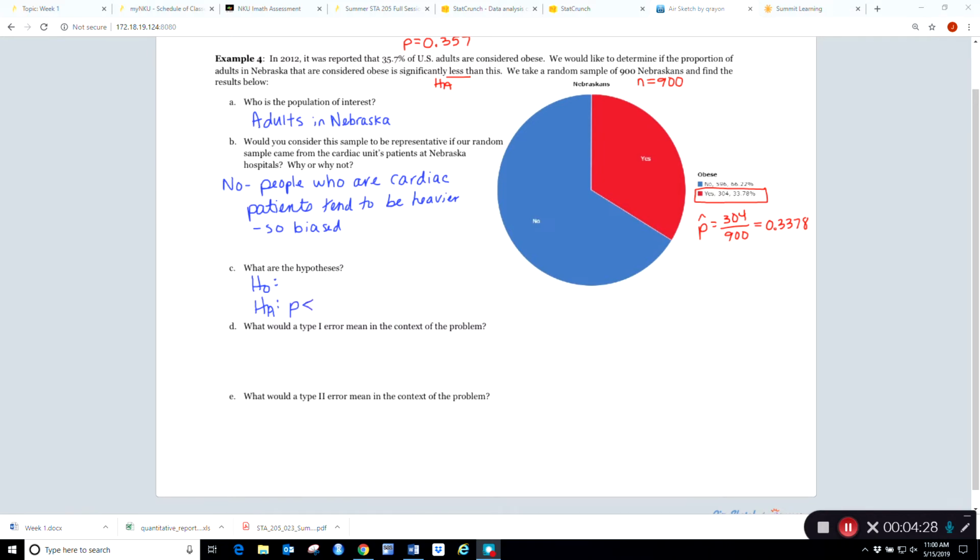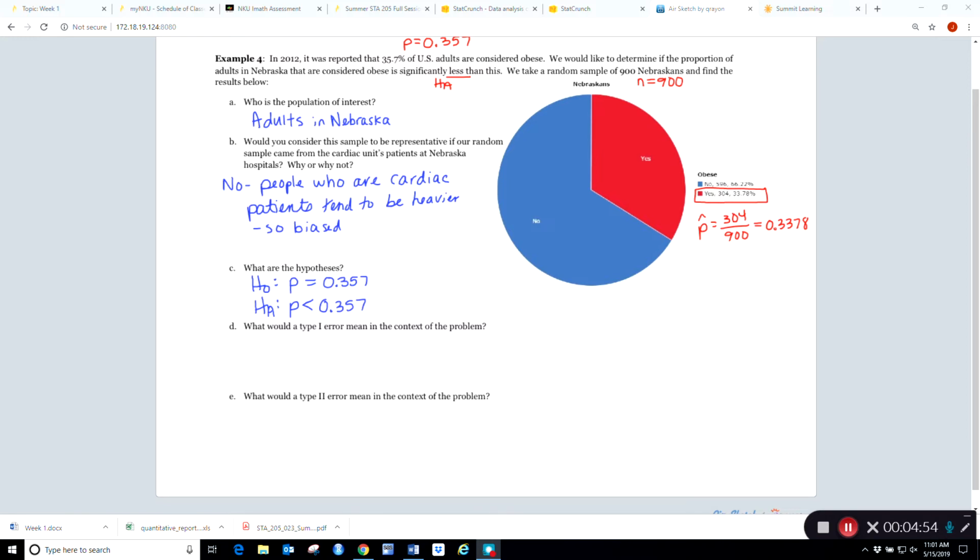Less than what? Well, this is that 35.7% that we're referring to. So it's going to be 0.357. Then remember, the null hypothesis has no choice. Always the same symbol, always the same number, always an equal sign.